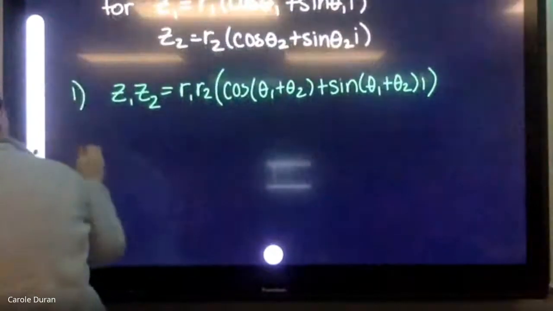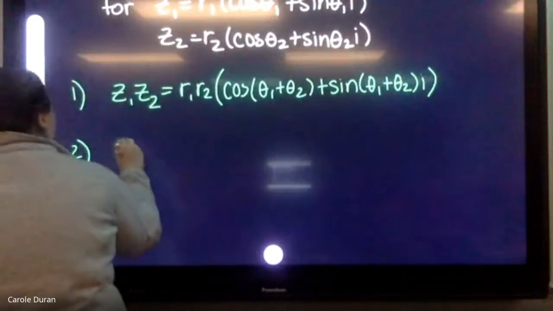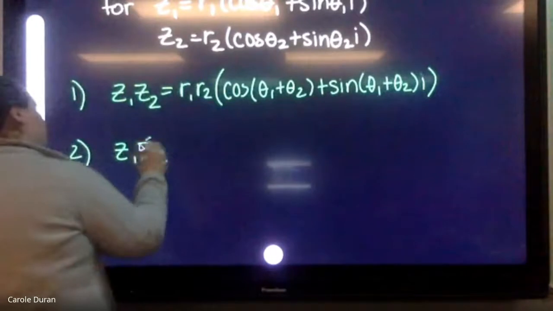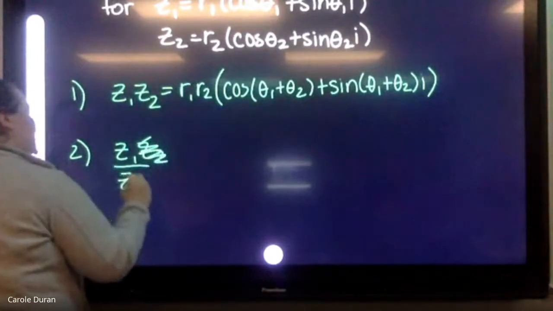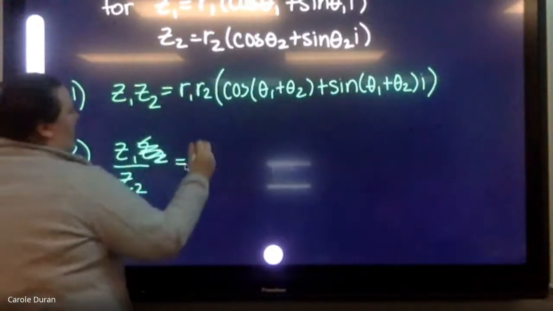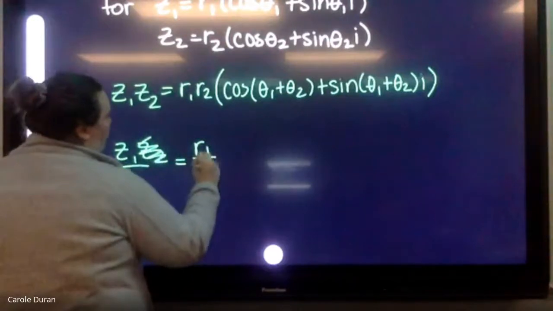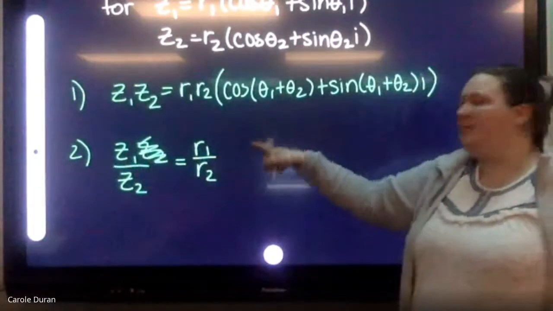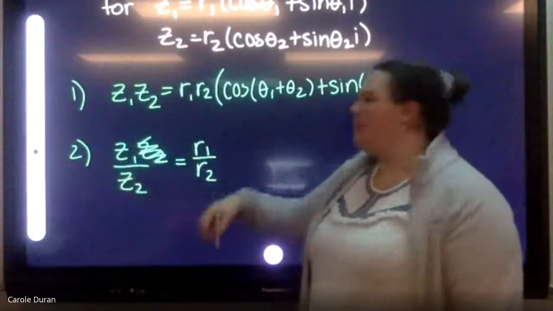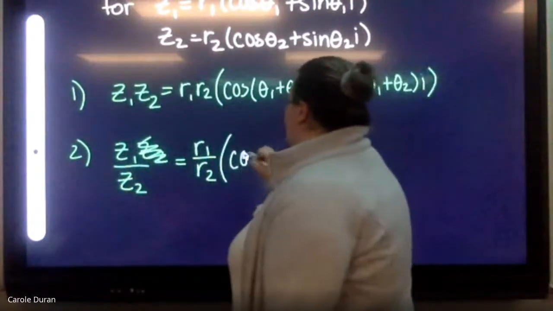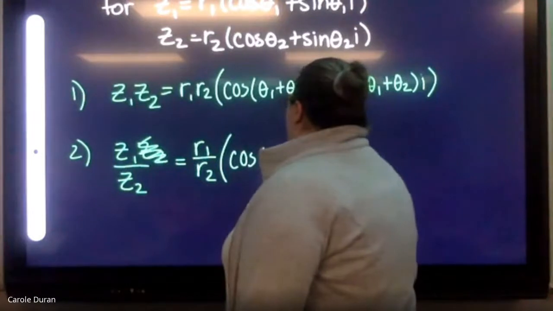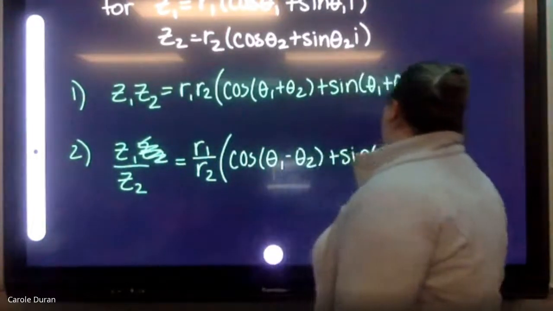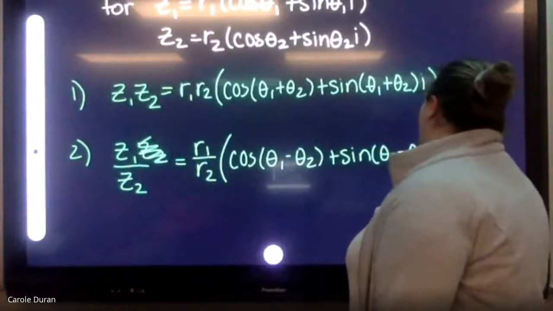What do you think is going to happen? Subtraction's going to happen. So this would be z1 over z2, and this is going to be r1 over r2. So the r value from the first complex number divided by the r value from the second complex number times cosine of the first angle minus the second angle plus sine of the first angle minus the second angle.